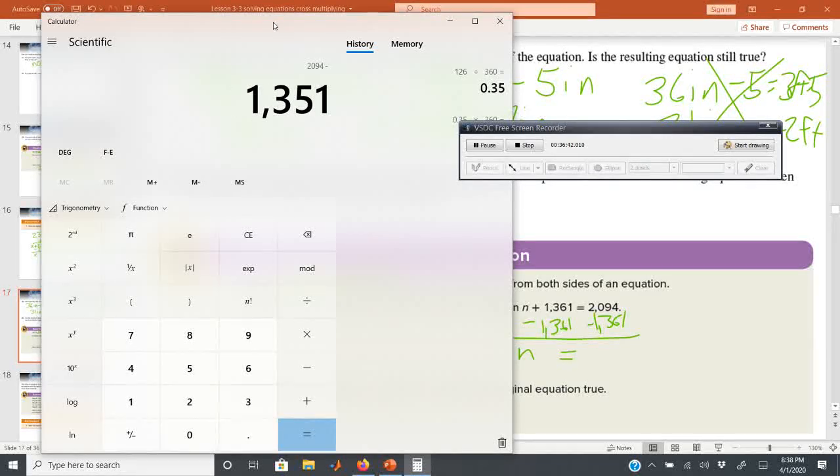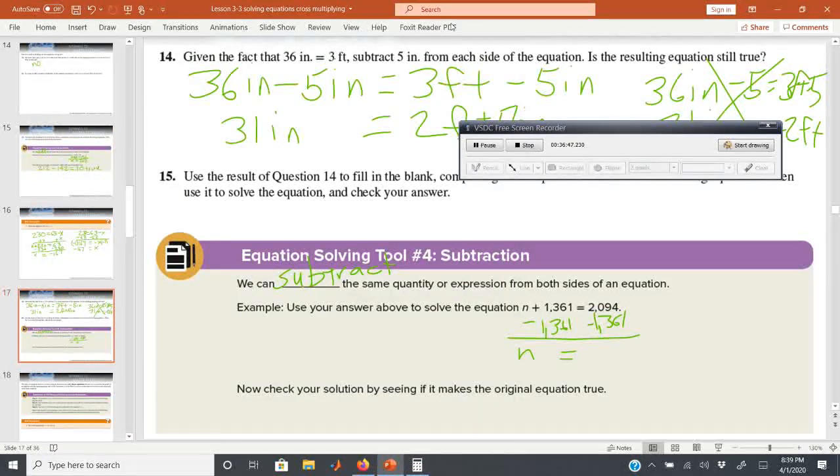2,094 minus 1,361 is 733. Check your answer. We are alleging that n, the variable waiting for a number, is 733. So let's try it.